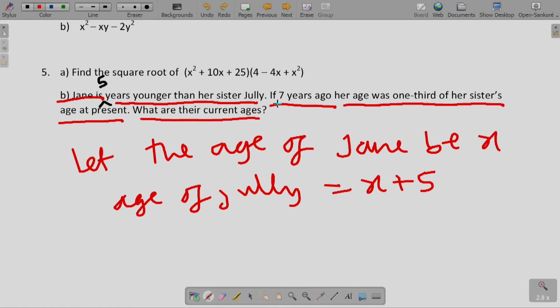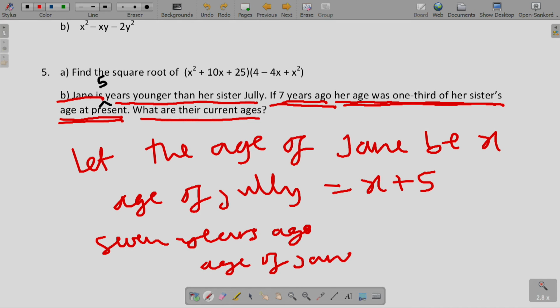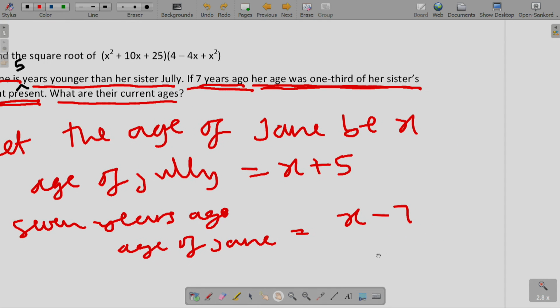And here, 7 years ago her age was 1/3 of her sister's age at the present. The age of Jane 7 years ago is equal to x minus 7. x is the present age, but you are told that 7 years ago her age was 1/3 of her sister's age at the present.